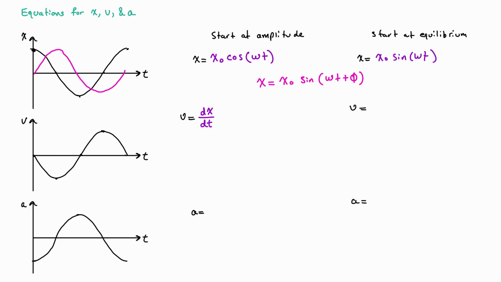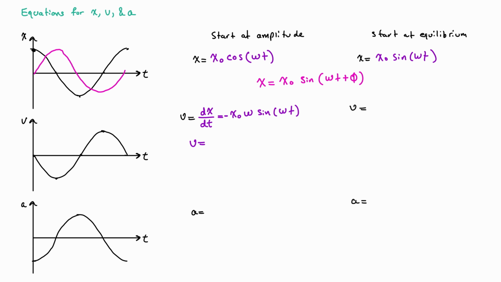And for this, I'm not going to go through the math. We do need to use the product rule and a chain rule here. And we'll end up getting x naught times the derivative of the inside, which is omega, and the derivative of cosine, which is negative sine omega t.